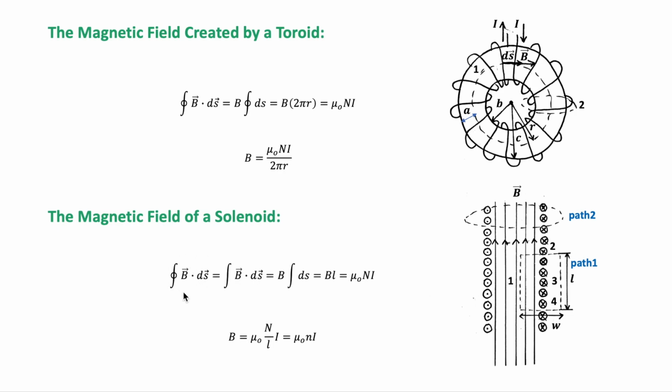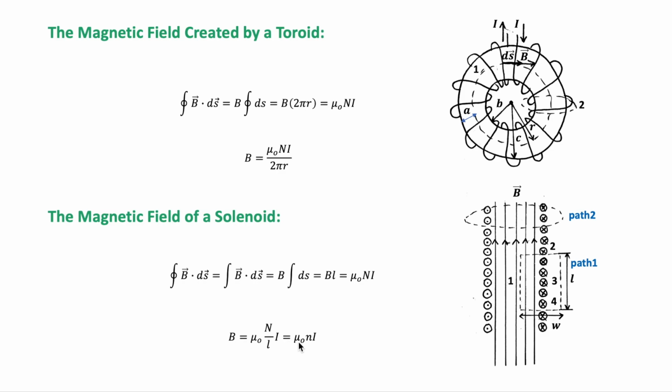The closed integral for path 1 is equal to the integral only for side 1 of B dot ds, which is B times the integral of ds, which is BL. For path 1, this whole rectangle, the total current passing through is NI. So BL is equal to mu naught NI, and this gives us this expression.